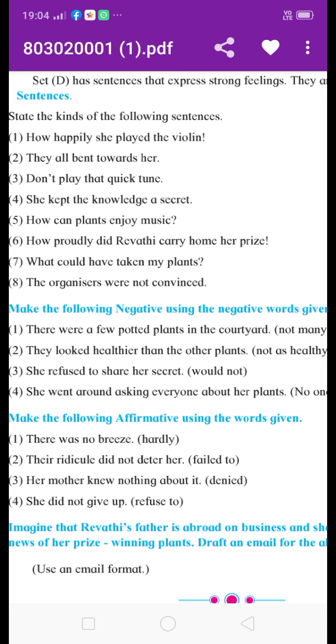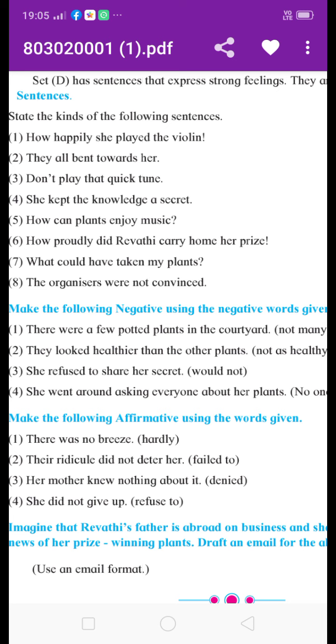A negative sentence should contain words like no, not, never. While changing, the tense should remain the same while interchanging. When you are going to change the sentence, the tense should remain the same.